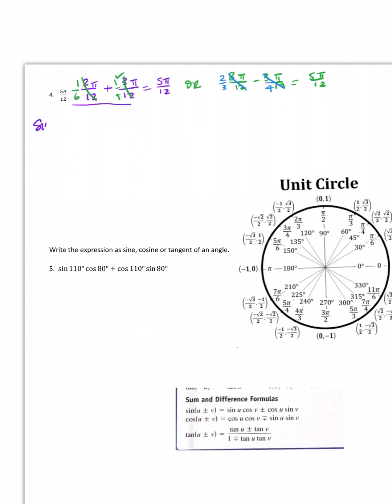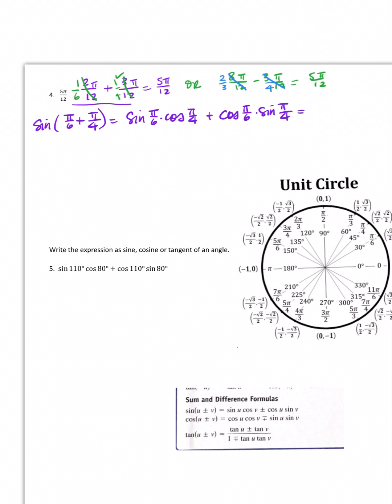So I'm going to say the sine of pi over 6 plus pi over 4. And if I use my formulas, it's going to be the sine of pi over 6 times the cosine of pi over 4 plus the cosine of pi over 6 times the sine of pi over 4. All right? Now I'm going to let you finish this one, and we'll see if you get it when you come to class.